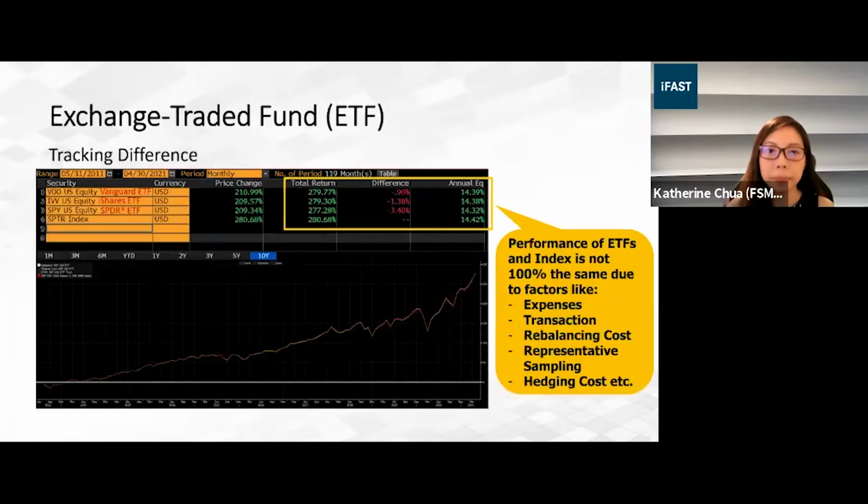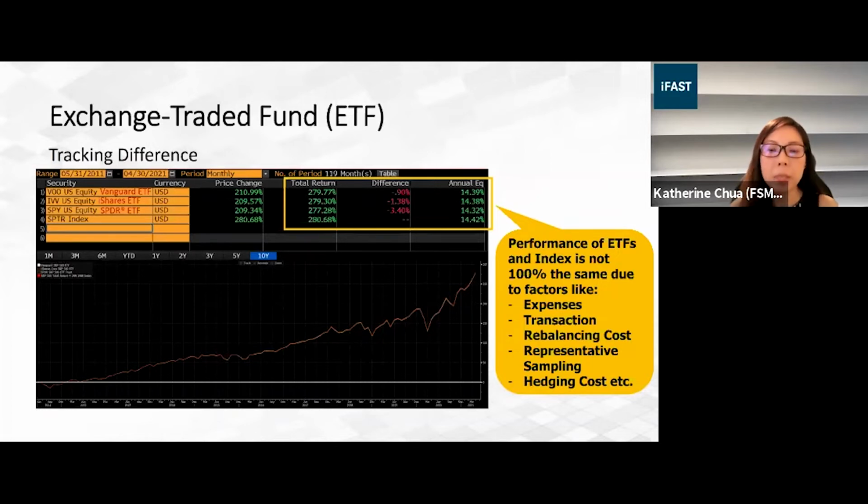Ideally, an ETF should mirror an index perfectly, but there are a number of factors that affect them from doing so. They cannot copy it like a mirror image. The difference between the index performance and the ETF is known as tracking difference.